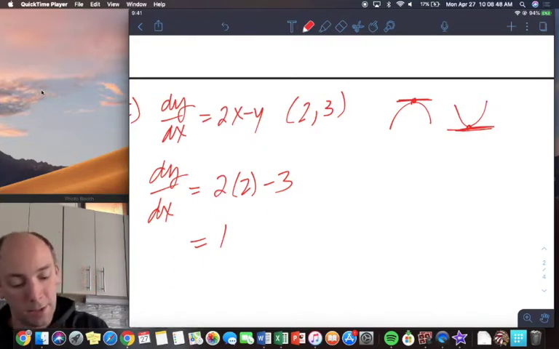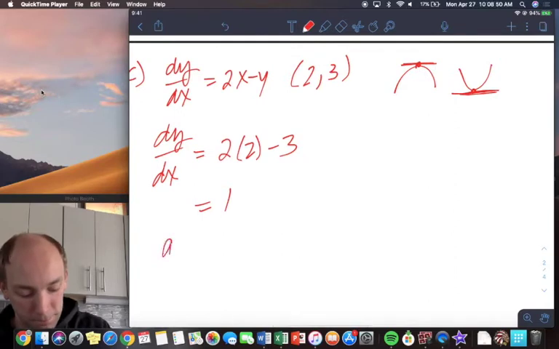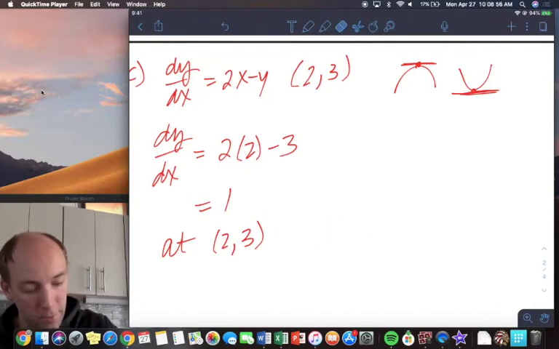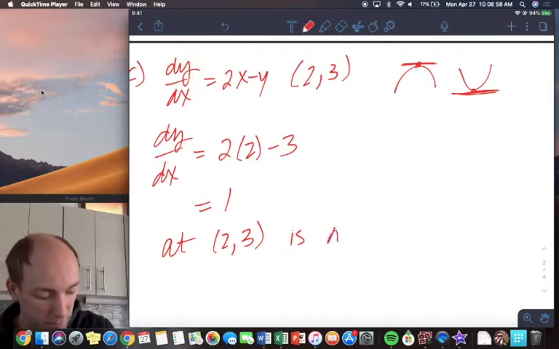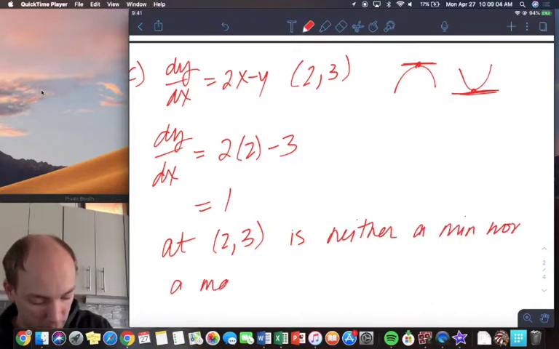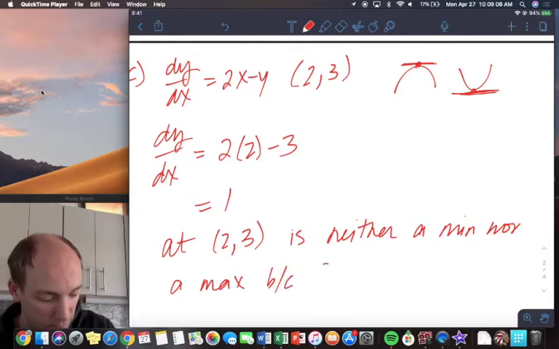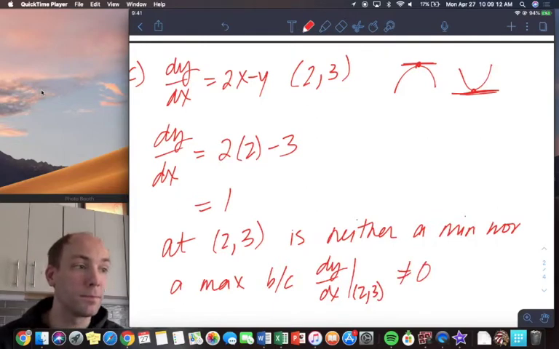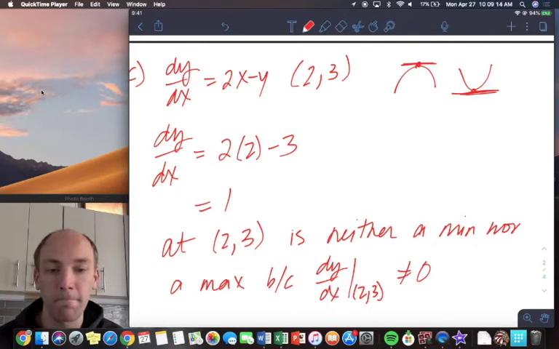So at (2, 3) we have neither a min nor a max, because the derivative at (2, 3) does not equal 0. Okay, so that's it for part C.